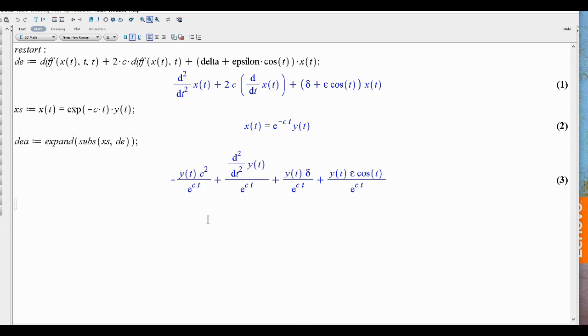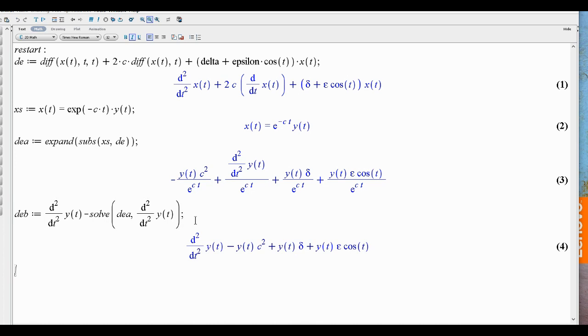Okay, so that's what I've got there, and I have to solve for d square y dt square, and so I'll say dEB is equal to solve dEA for that, and what I will do is Control V here also and minus, so that once again this thing is 0.